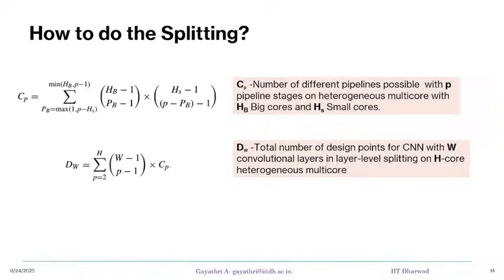And similarly, how many design points will you have, because now you have W layers in your CNN, and you want to make your split such that you have so many possible pipelines. So how many design points do you have based on these pipelines? You will have this many design points in your exploration, right?